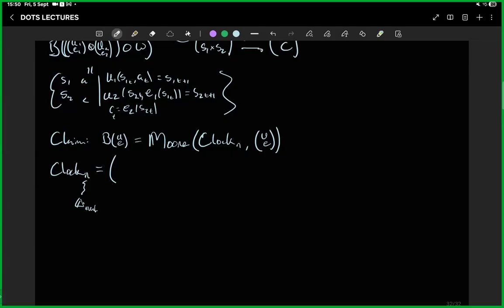So the states of that will be n plus 1, also known as brackets n sometimes. It's the same thing.